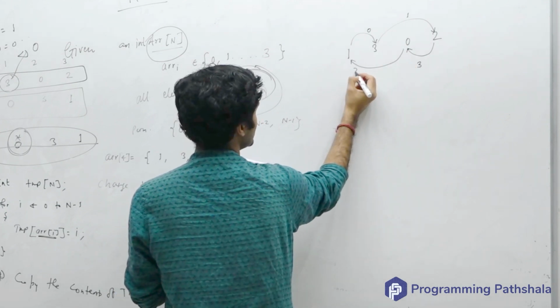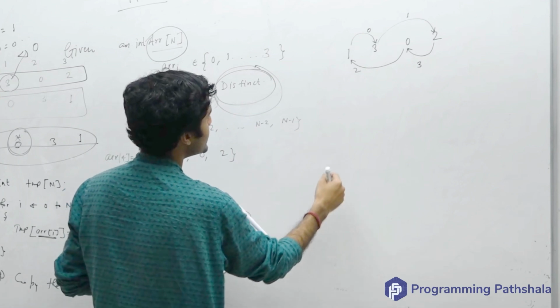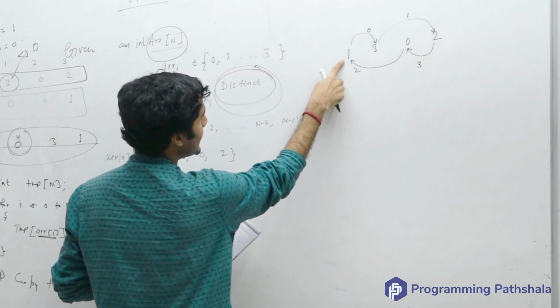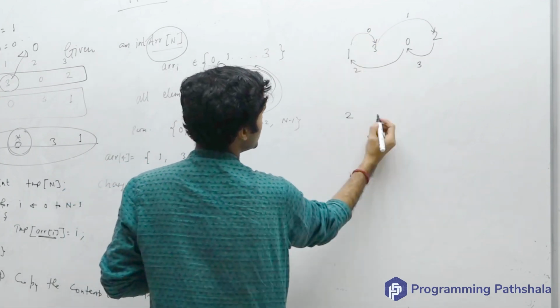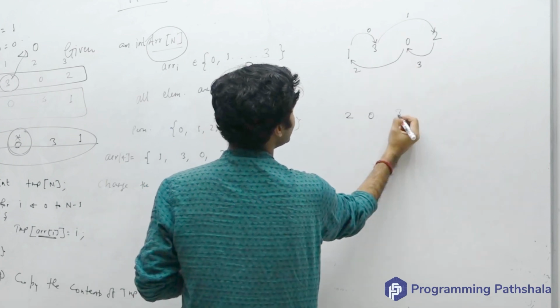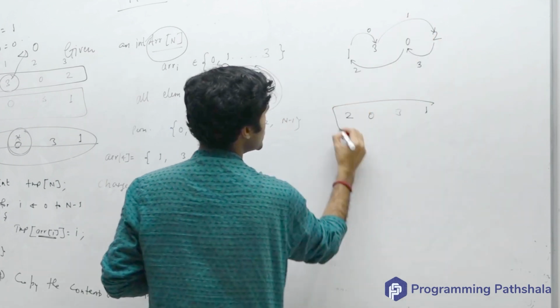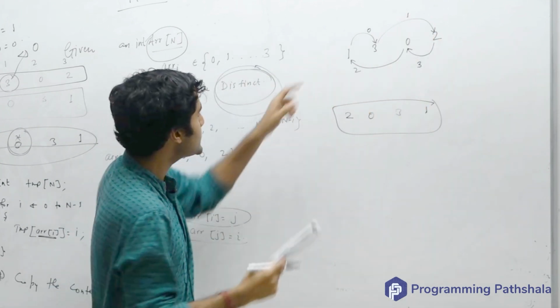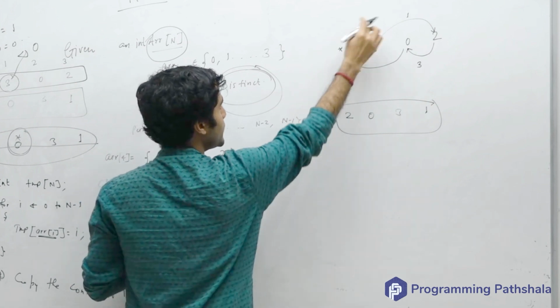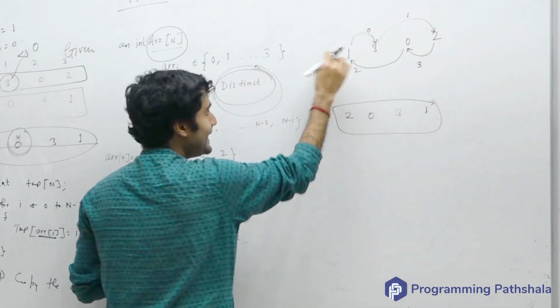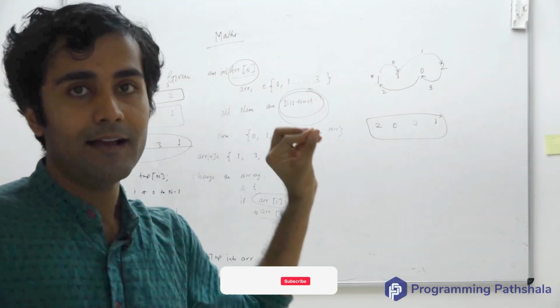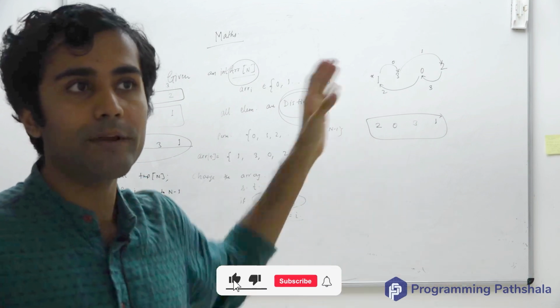If you apply these transformations, what will happen? That 2 will come over here, 0 came over here, 3 came over here, and 1 came over here, and your job got done. So basically there was a cycle which started from this point and ended at this point. And can you write a code to execute this cycle?